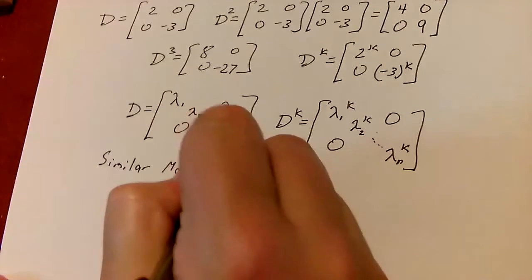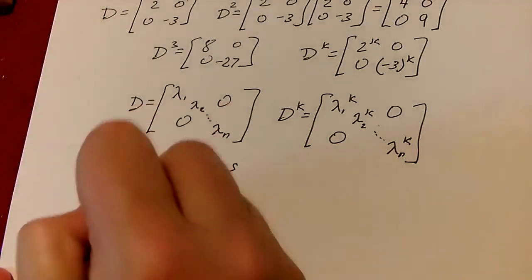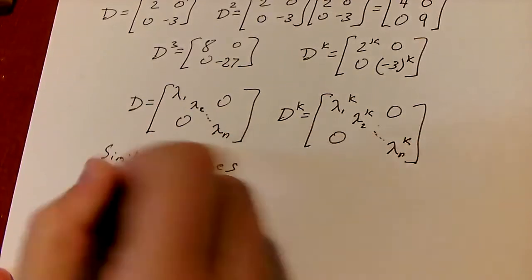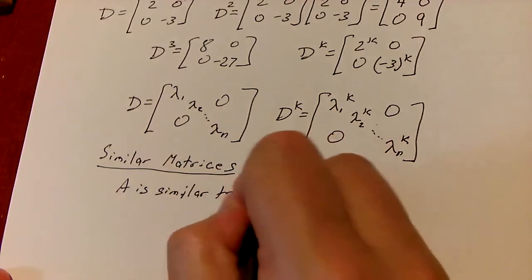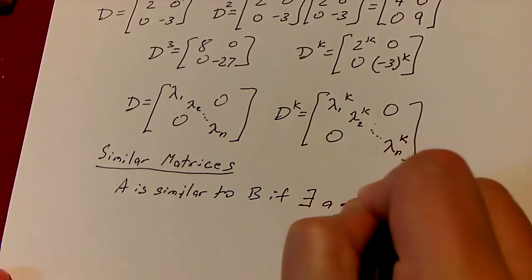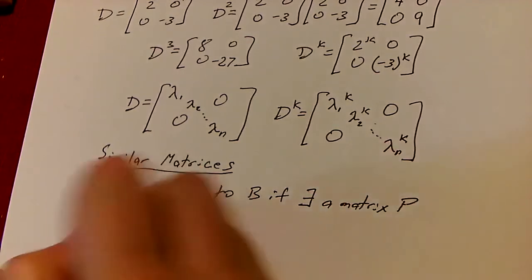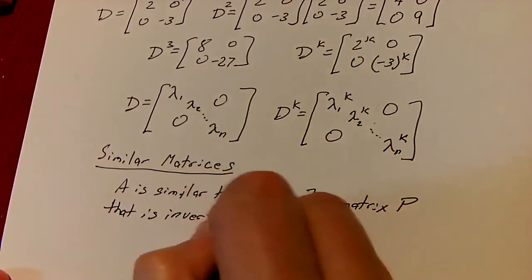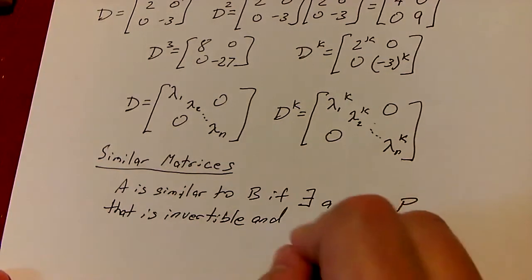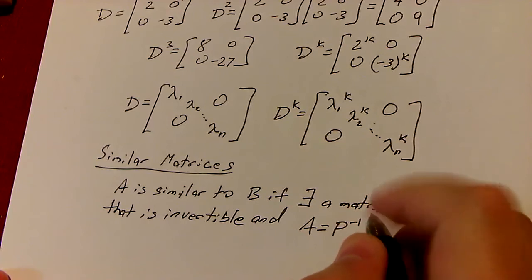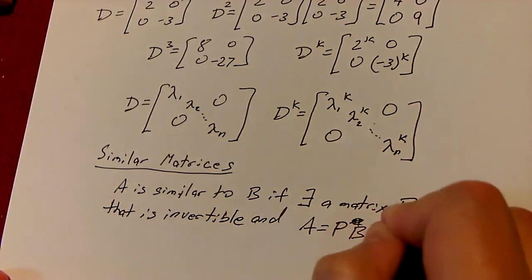So if I talk about similar matrices, what I'm looking at then is A is similar to B if there exists, that backwards E means there exists, I'm using a little shorthand here, a matrix P that is invertible and A is equal to P B P inverse.